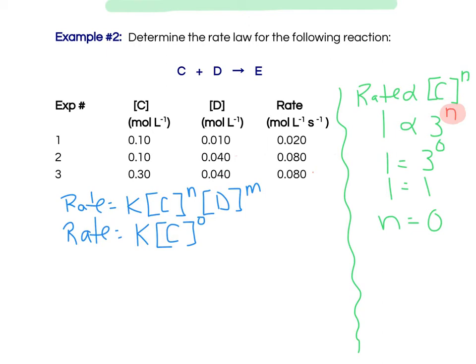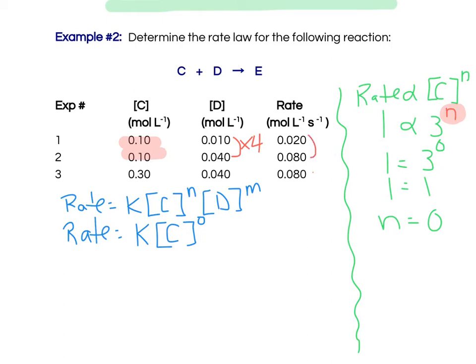So again, if I want to see the effect of D, changing D's concentration, then I need to use experiments where the concentration of C and all other reactants are remaining stable. And so between experiment 1 and 2, I have quadrupled the concentration of D, and the concentration of C is remaining stable, or controlled.